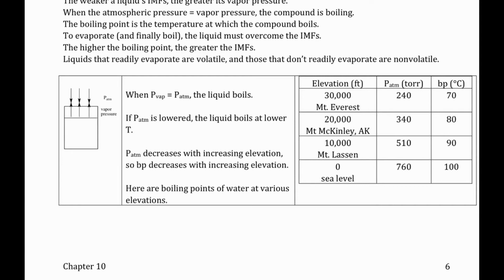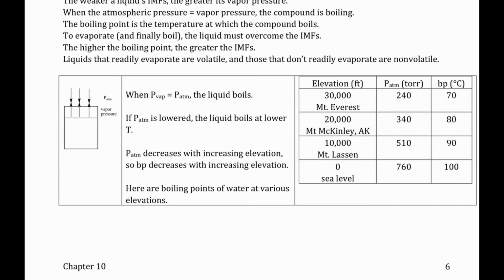If we were to climb up to the top of Mount McKinley in Alaska, which has a 20,000 foot elevation, there the atmospheric pressure is only 340 torr, and water would boil at about 80 degrees Celsius. Again, we'd have to boil our pasta for a lot longer.